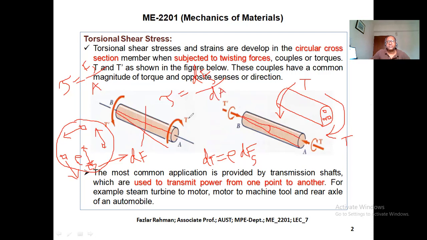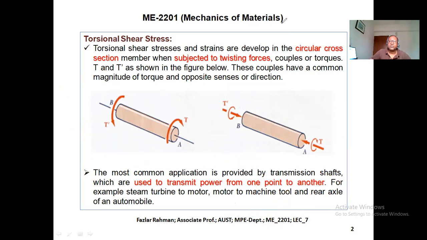So dF equals tau into dA, right? This value is coming: rho into tau into dA. So what will be the total resistance over here? Your dT. So if we integrate, left side dT, right side will be area integration. Okay. We'll discuss more, then hopefully it will be more clear to you.